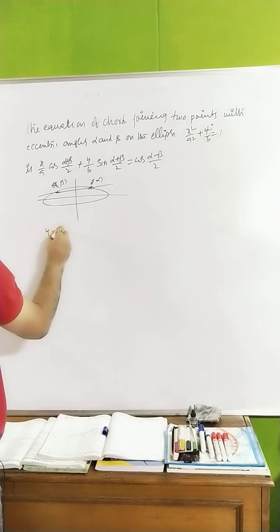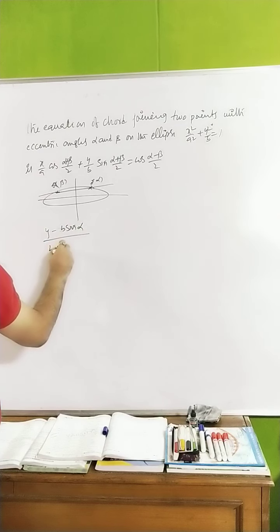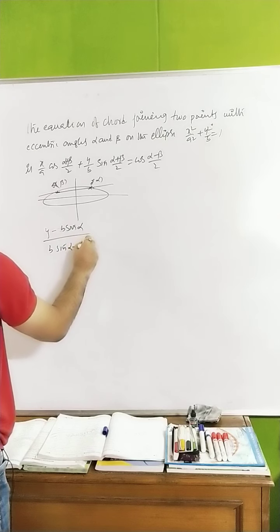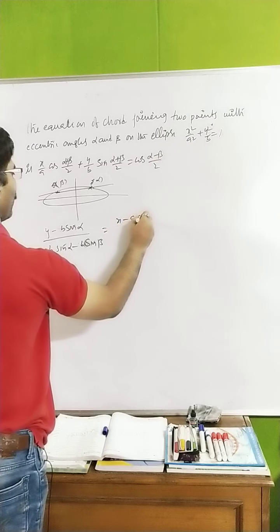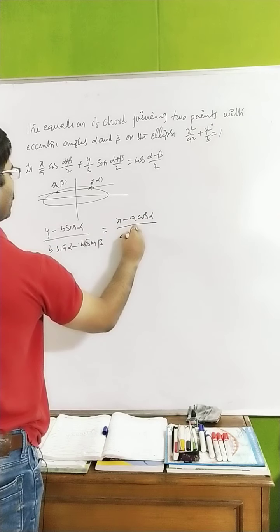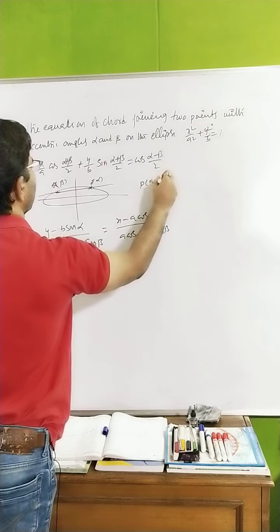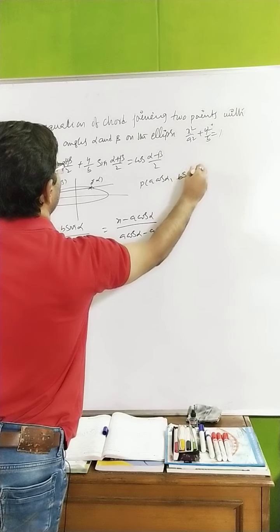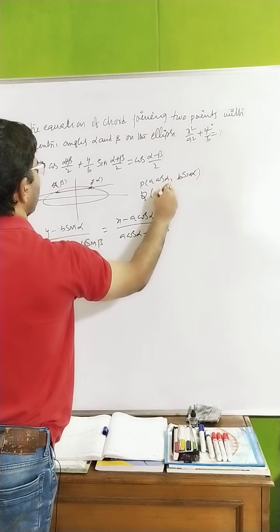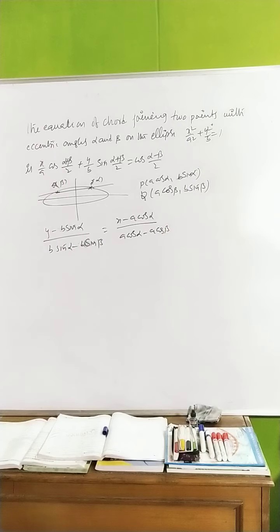Very simple: y minus B sin alpha divided by B sin alpha minus B sin beta is equal to x minus A cos alpha by A cos alpha minus A cos beta, because P is equal to A cos alpha, B sin alpha, and Q is equal to A cos beta, B sin beta.